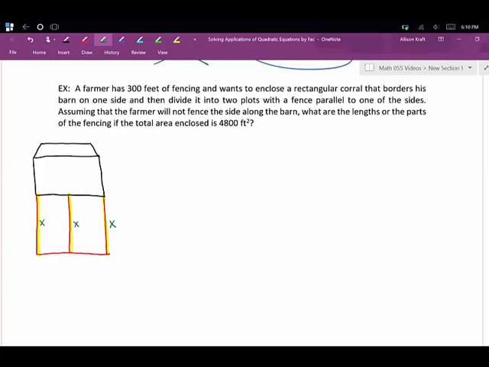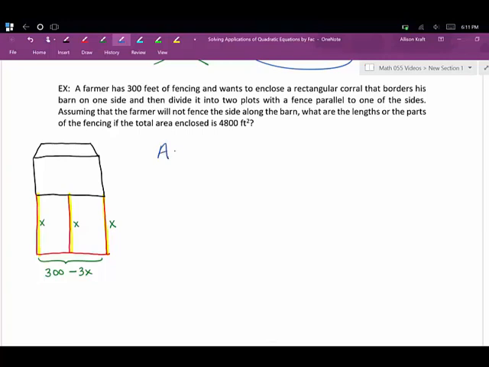We have a total of 300 feet of fencing. So far, we've used up 3x of that fencing. Therefore, the amount we have left over for this bottom side is going to be 300 minus the 3x that we've already used up. They're asking us what the lengths of the fencing are if the total area enclosed is 4,800 square feet.